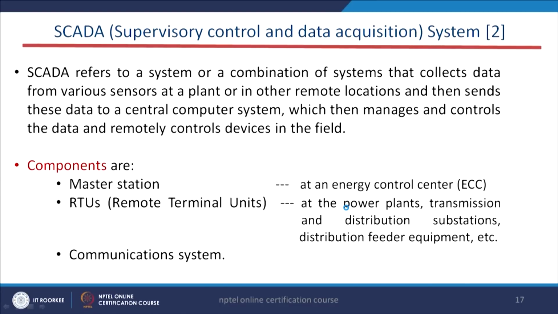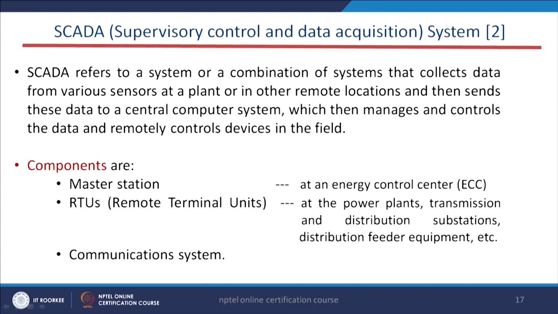Today we will talk about, again, the second part of the smart grid components and technologies. Now we will discuss SCADA, that is, the supervisory control and data acquisition system.